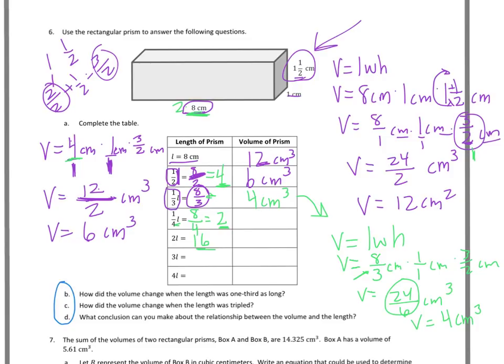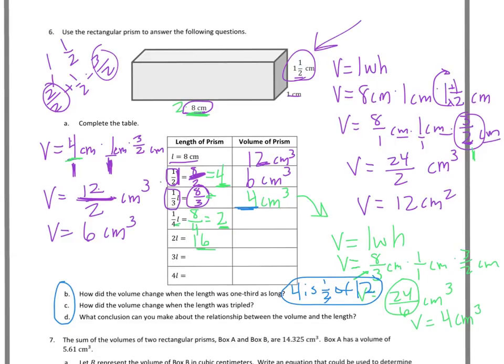And our 1/3 was 4. 4 is 1/3 of 12. So it changed by a third. We pretty much divided 12 by 3 to get our 4. So if we take 1/3 of the length, we're taking 1/3 of the volume.